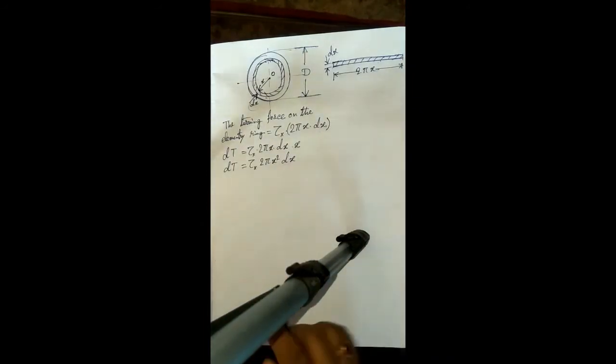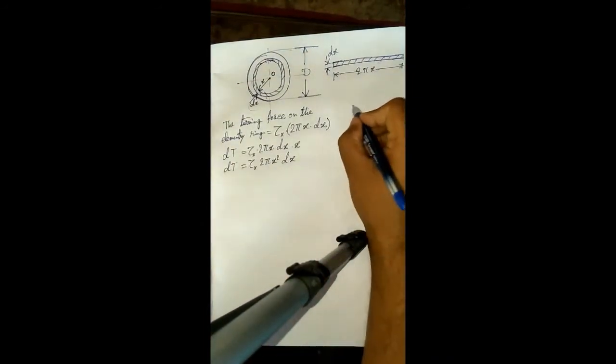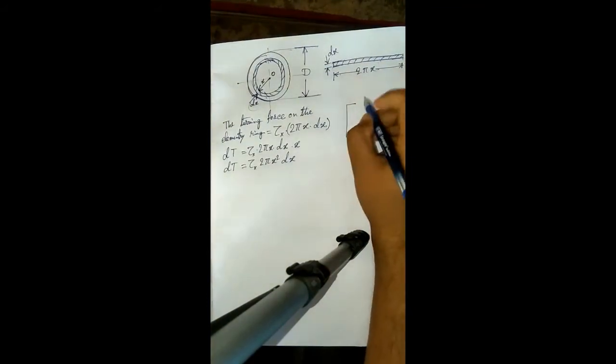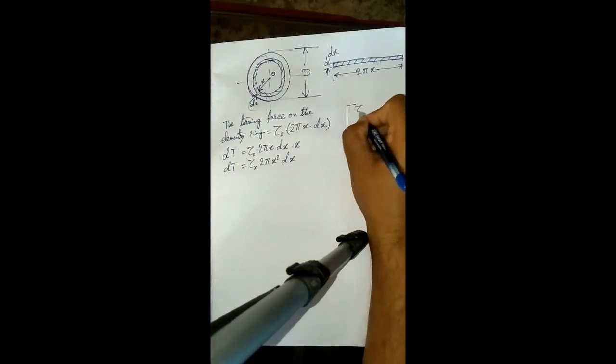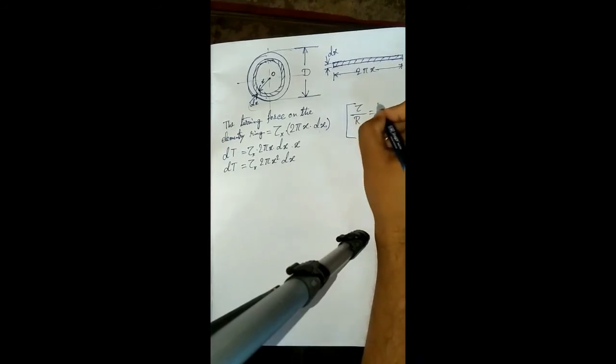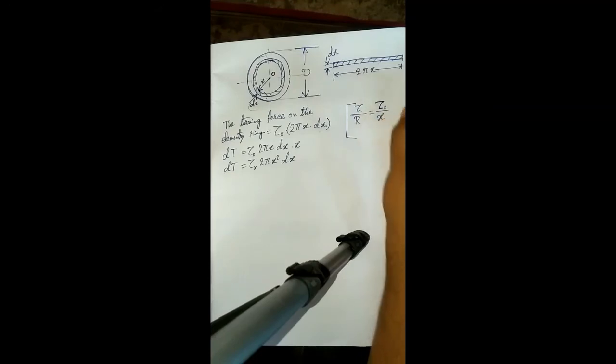Now comparing, the shear stress at a distance r is tau and the shear stress at a distance x is tau x.